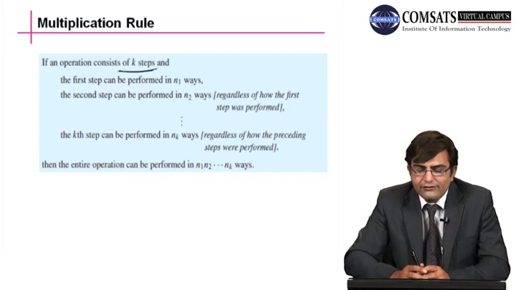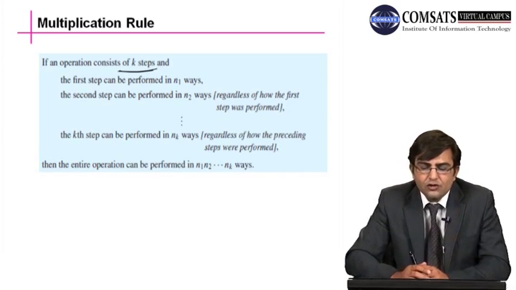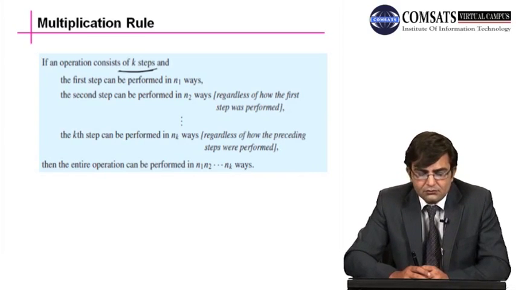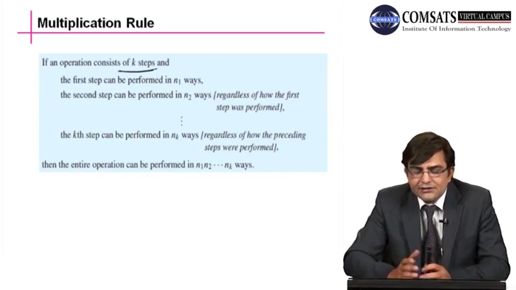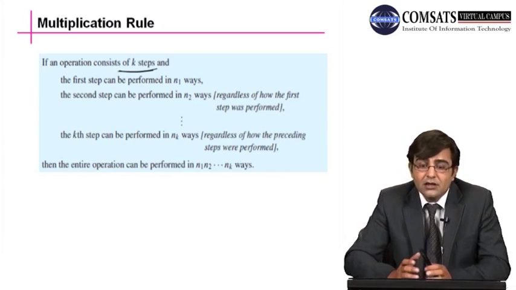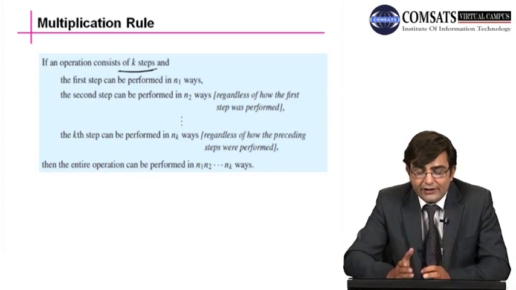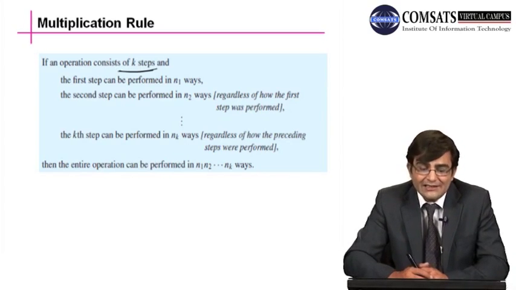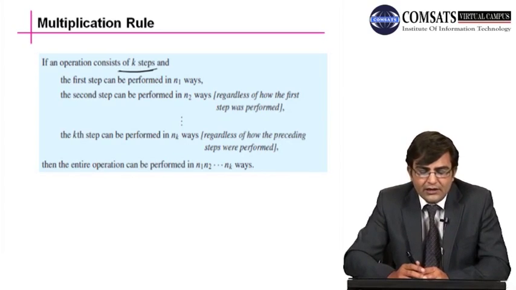Regardless of how the first step was performed, we don't consider the first step, we see only the second step, and so on. At the third step we can suppose that we can perform n3 ways, and so on. At the kth step we suppose that there are nk possibilities, regardless of how preceding steps were performed.